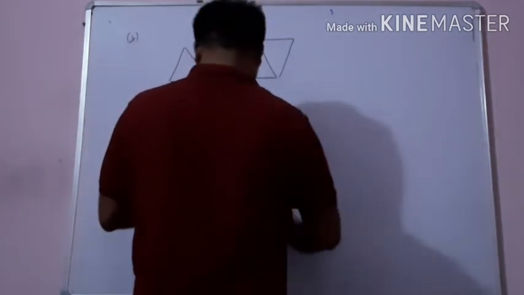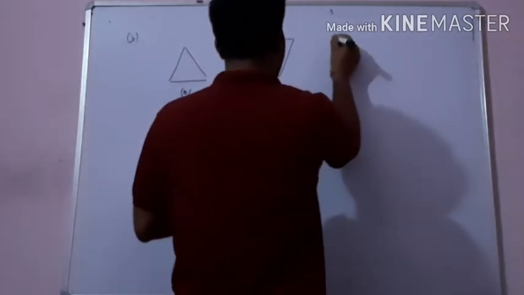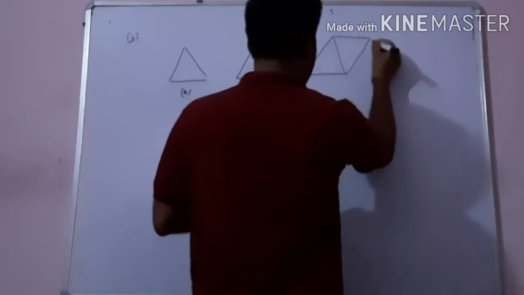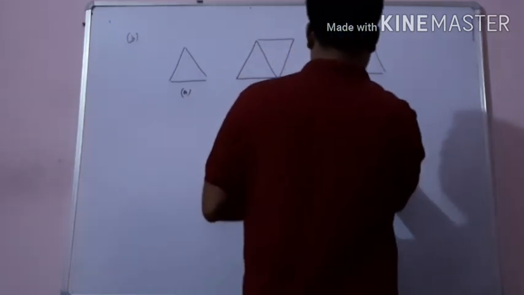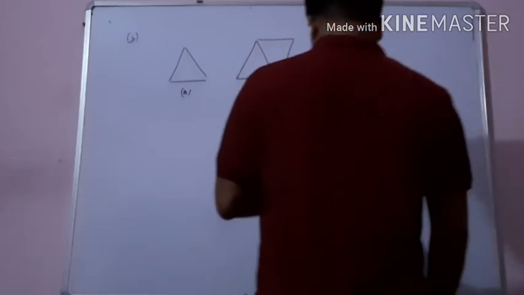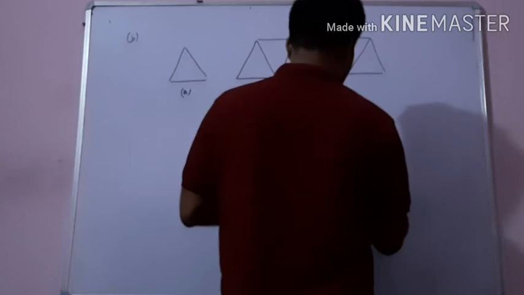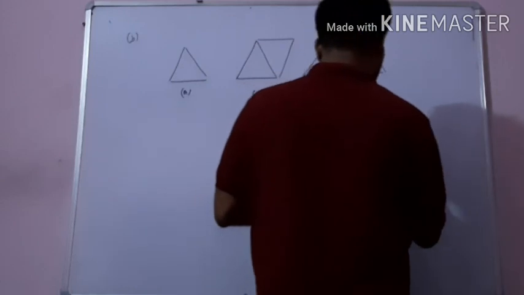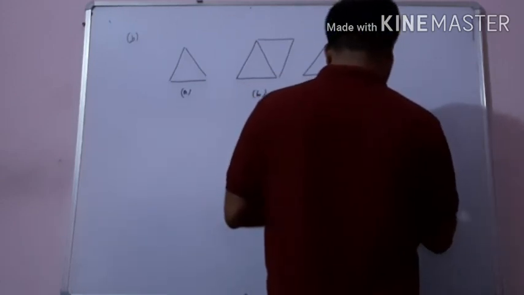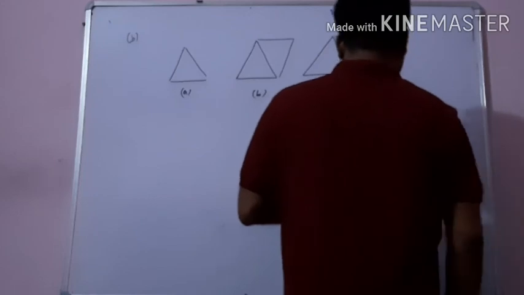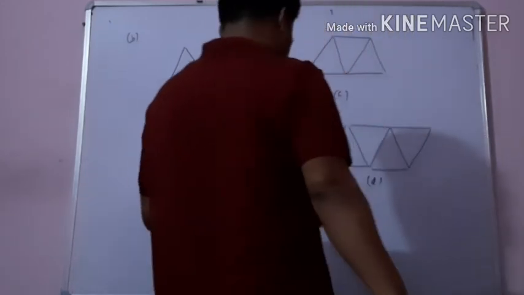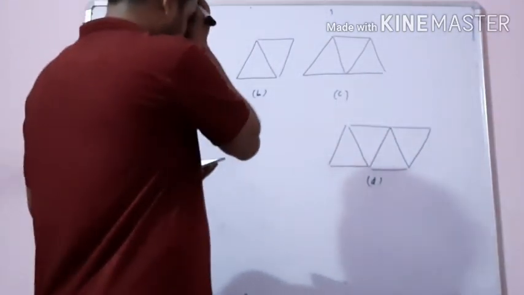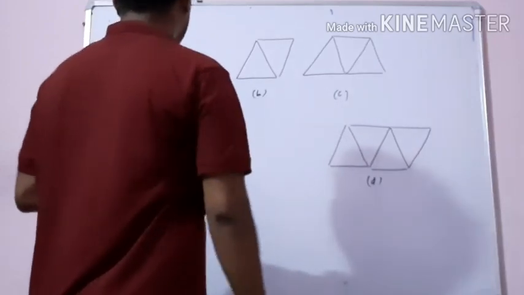This is figure B. Next, C, and this figure is D. Now we have to see how many matchsticks have been required to make each.